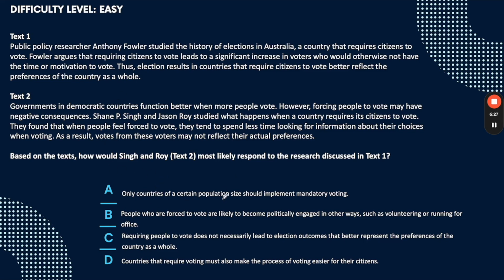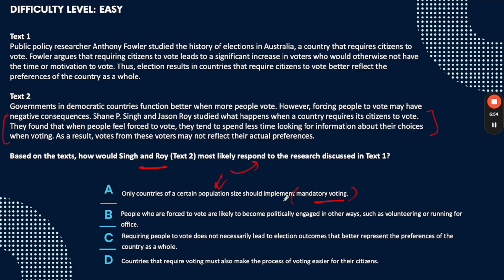Only countries of a certain population size should implement mandatory voting. Now, remember the question stem said, how would Singh and Roy respond? So whatever the Singh and Roy topic was, it was in text 2, and this is where my answer lies, correct? Did you find anywhere in text 2 Singh and Roy discussing what population size should implement this mandatory voting?